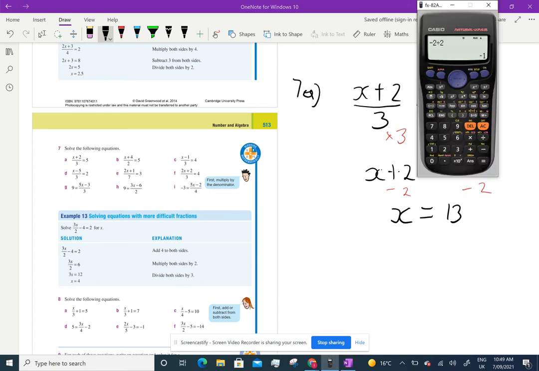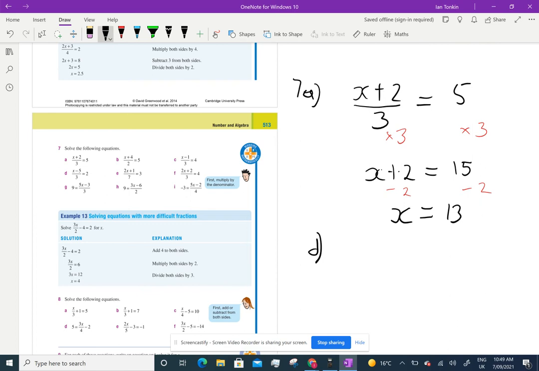Let's use our success criteria. Number 4, check by substituting back in. So I've got a fraction, and we think x is 13, plus 2, and it's all over 3. That's what we think. And if that works, it should equal 5. Yes, it does.